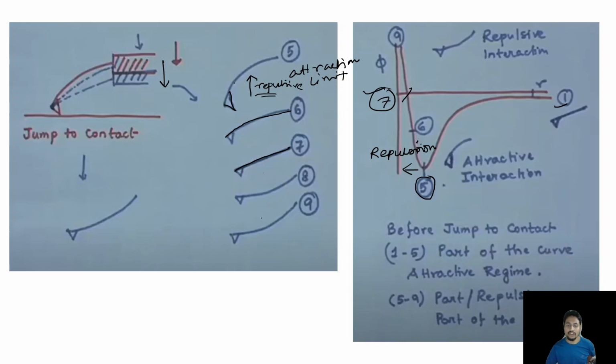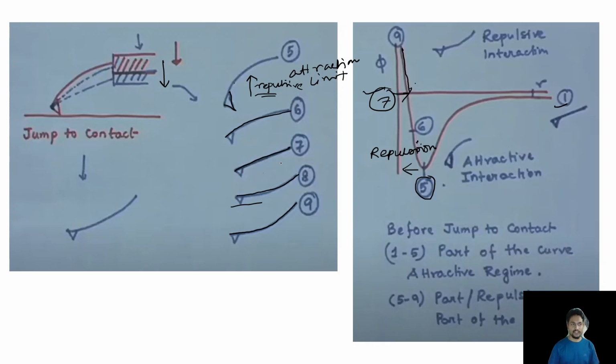So what will happen? Now the surface is actually there, but due to the repulsion, from this upward curvature, the repulsion will be higher. So in this regime the repulsion is much higher, only repulsion is working, so the curvature is going to be downward.